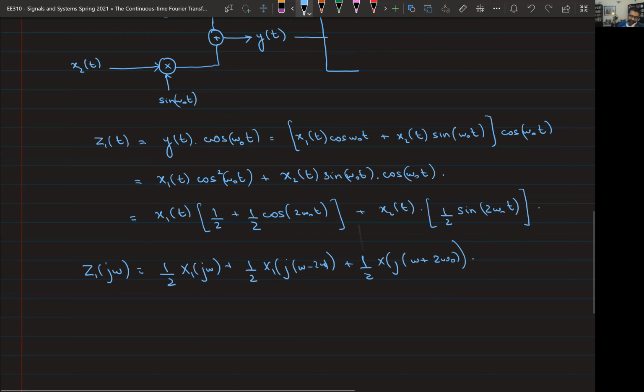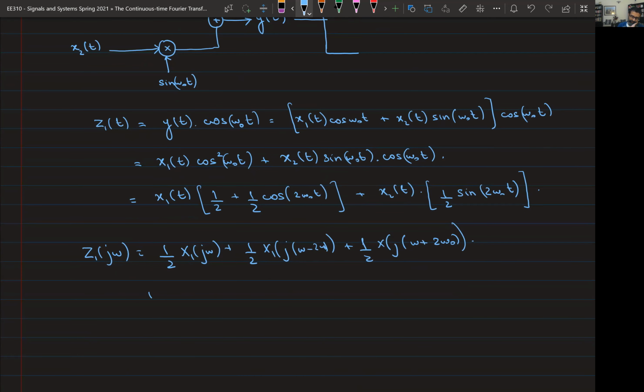And what about the sine here? Anybody who can help me, okay, if I multiply with the sine, what happens in the frequency domain?